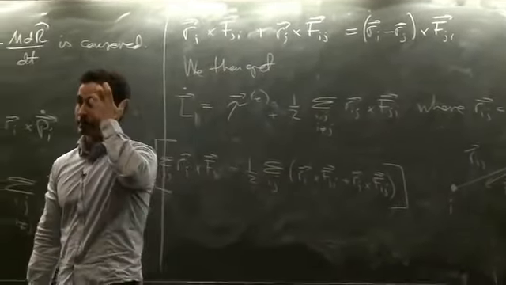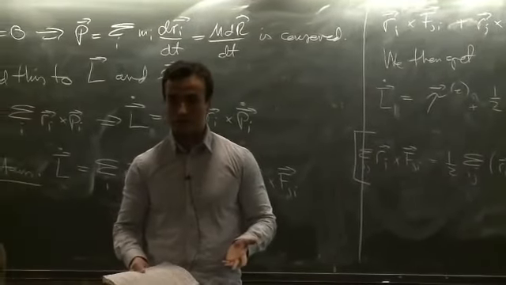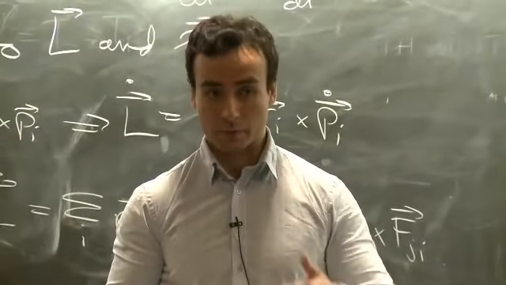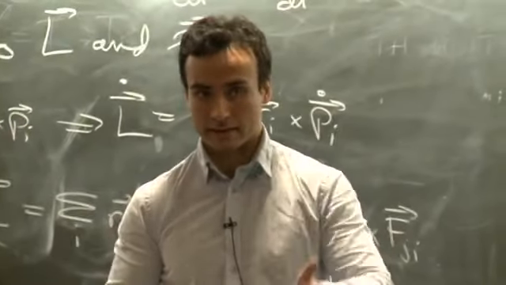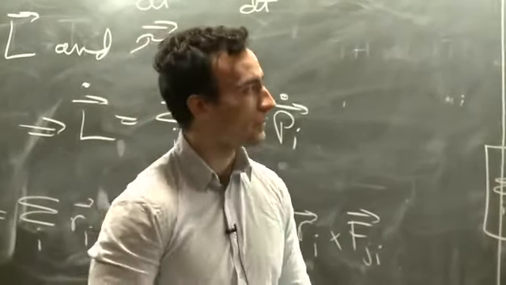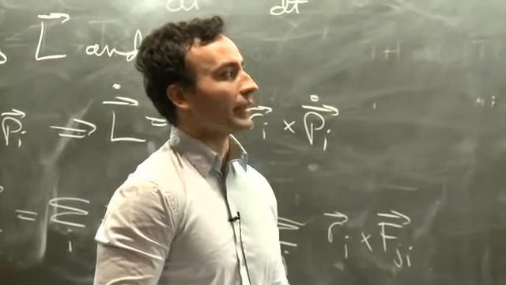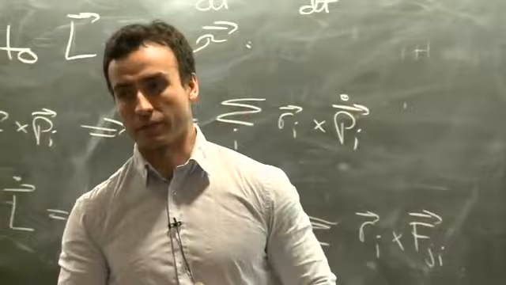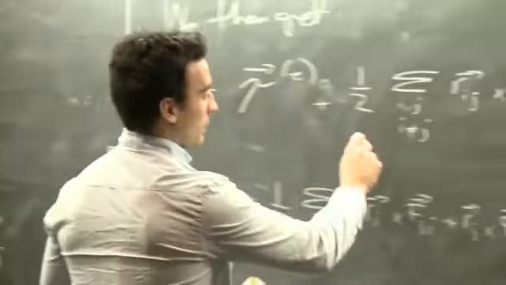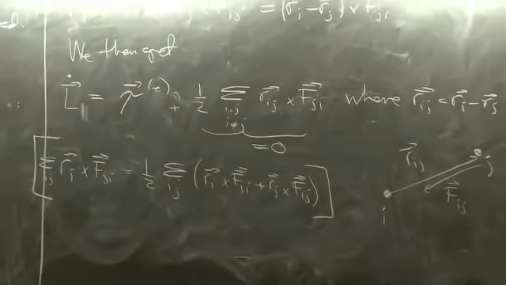And this is not a very rare situation. We can consider, for instance, the gravitational force, which we know acts radially. So the gravitational force between me and you acts along the line connecting us. Same for the electromagnetic force, the Coulomb interaction, for instance. So again, we can discard this term with this assumption.